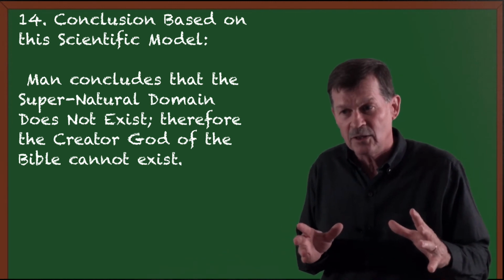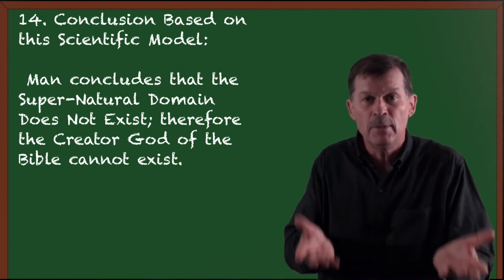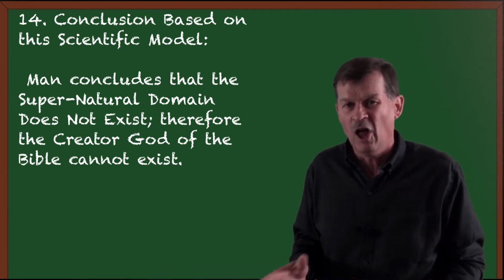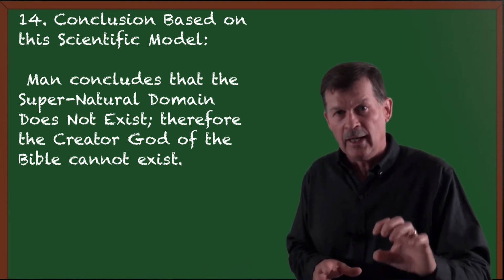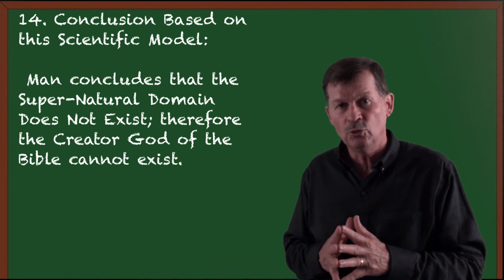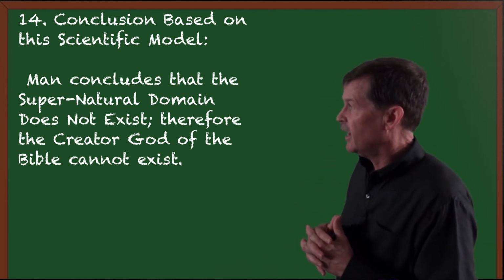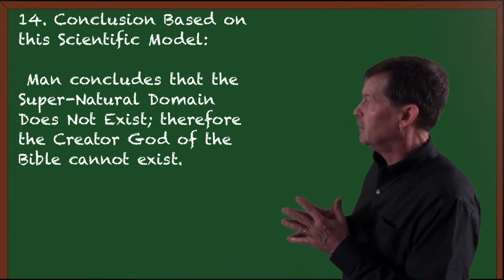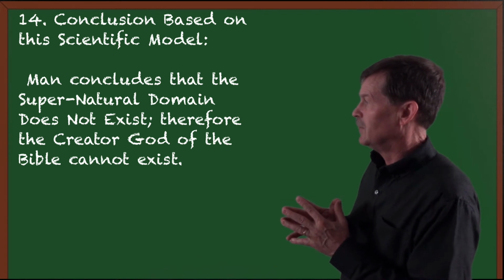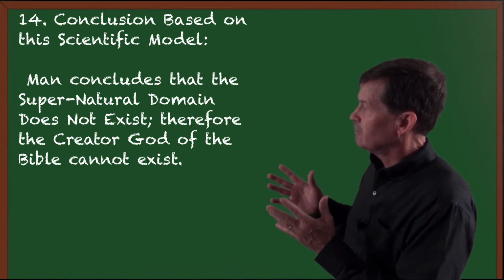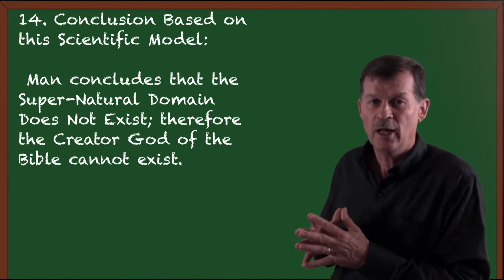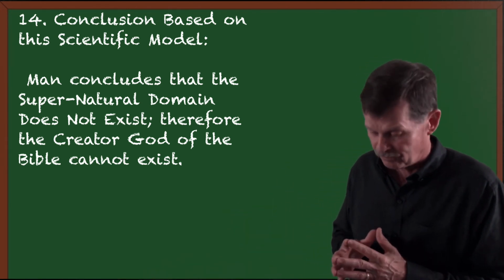This house is built from the bottom up, and it is very logical, very coherent, and it goes all the way to the top, to the roof, to the conclusion that the supernatural domain does not exist. And if the supernatural domain does not exist, then the Creator God of the Bible cannot exist either.